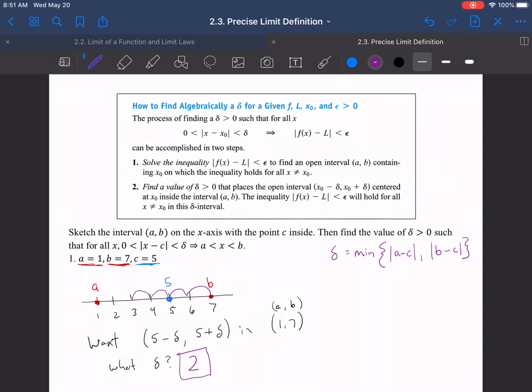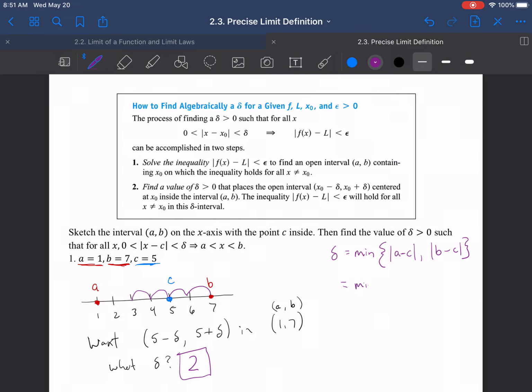I realized just now that I wrote a 5 there. Or no, maybe that was supposed to be a B. That's not a B, that's a C. There we go. So whichever one is closest to C, however far away it is, that's the distance we can do, and that's the maximum we can go and stay within the interval. Okay?